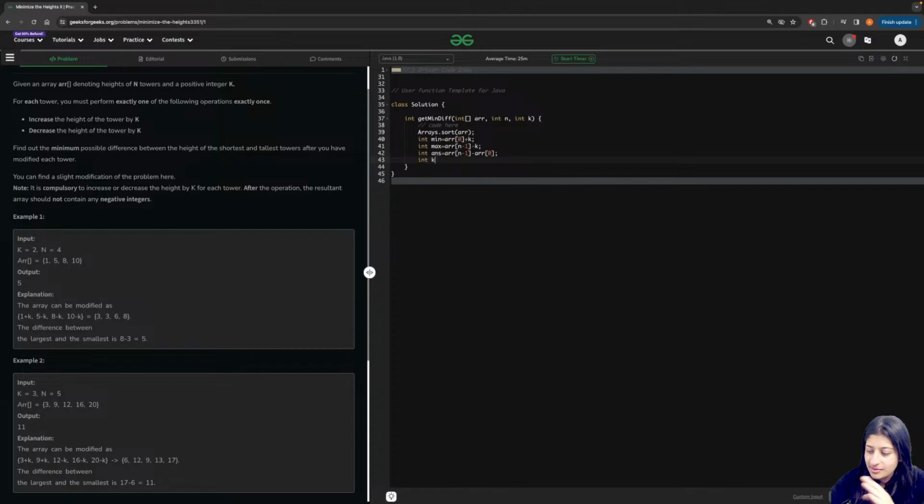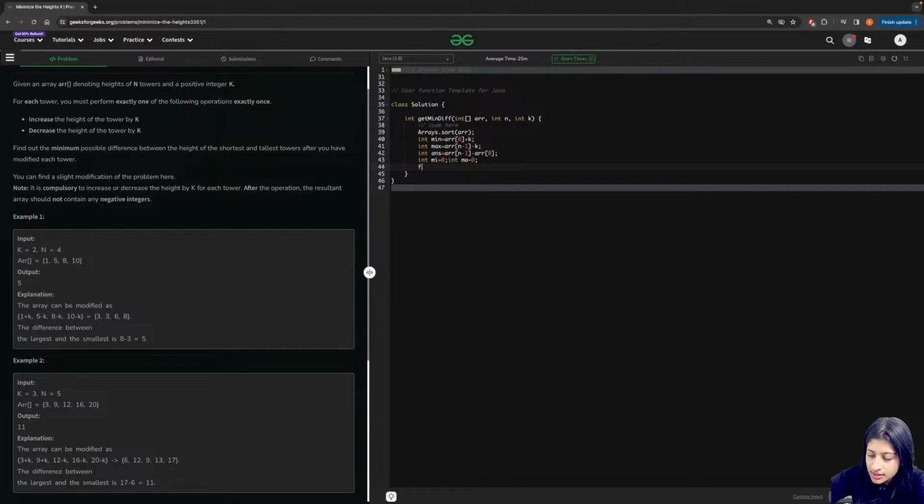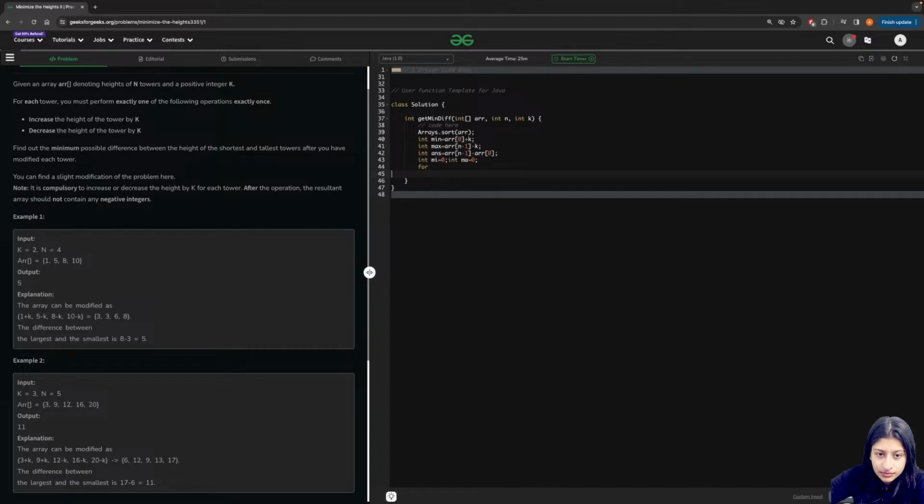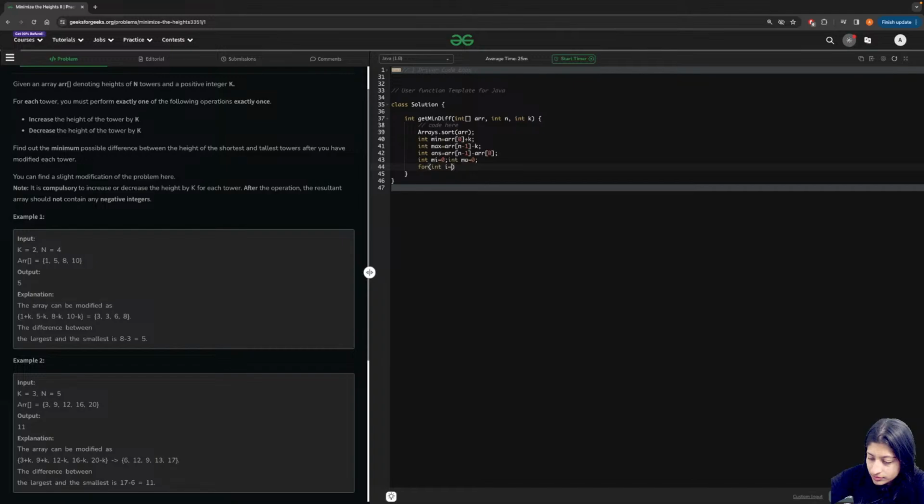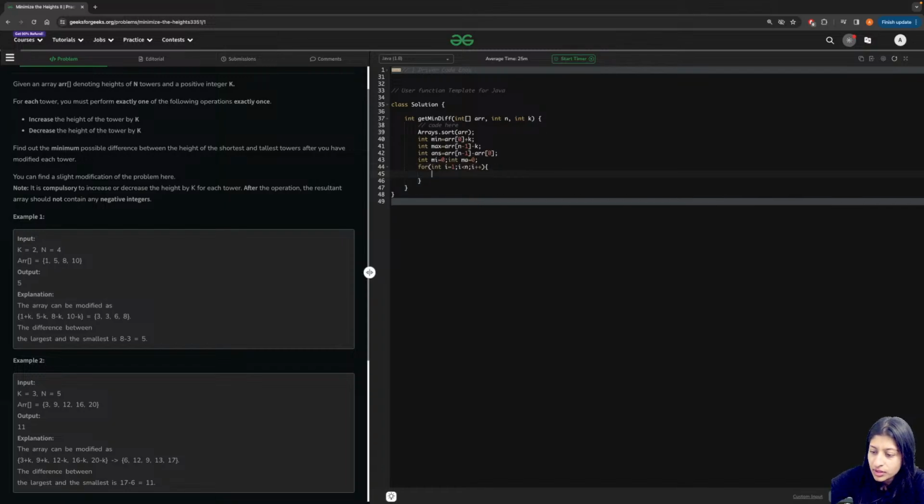You can take better names so that you don't get confused. Starting my iteration from index 1.